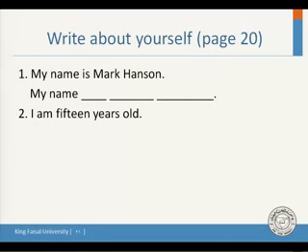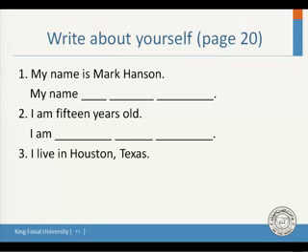Number 2, I am 15 years old. Write a sentence about yourself, like this one. Number 3, I live in Houston, Texas. Where do you live? I live in Jeddah, Saudi Arabia. I live in Dammam, Saudi Arabia.